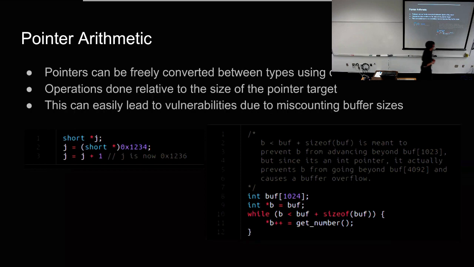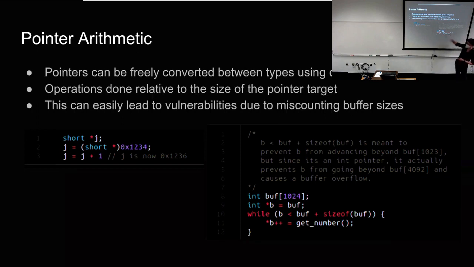So let's look at the other example that actually leads to a vulnerability in this sense. You declare a buffer. You set a pointer to the beginning of the buffer. And then while b is smaller than the buffer plus size of buff, you read in values into b.